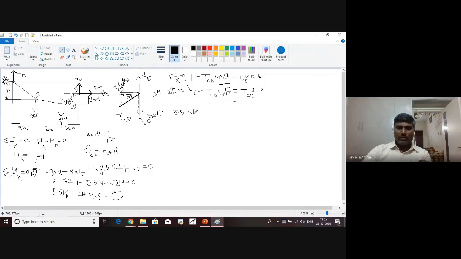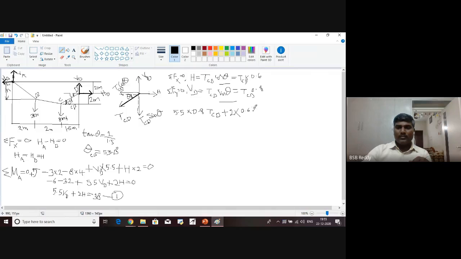TCD 0.8. 0.8 TCD plus 2 times H. What is H? 0.6 TCD.